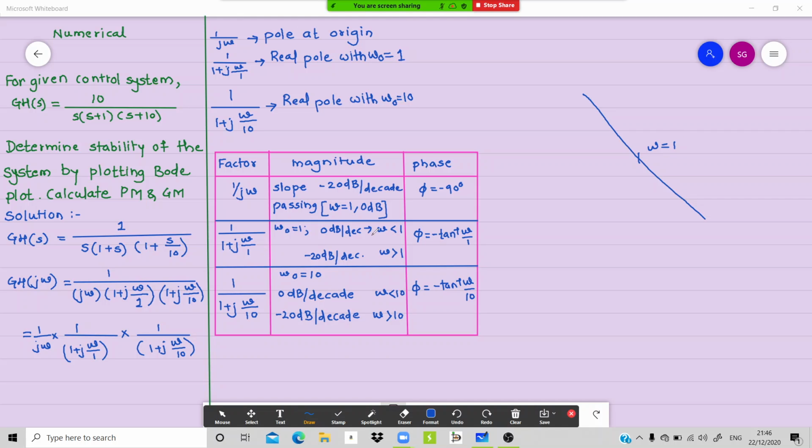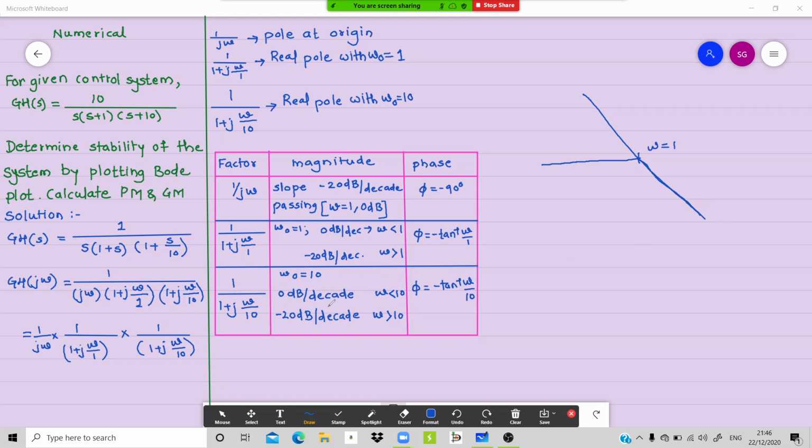For this factor, omega equal to 1 and 0 dB for lesser values than this. But as soon as it is more than that, this is also having slope in this direction only. So definitely minus 20, this is going to add, correct?